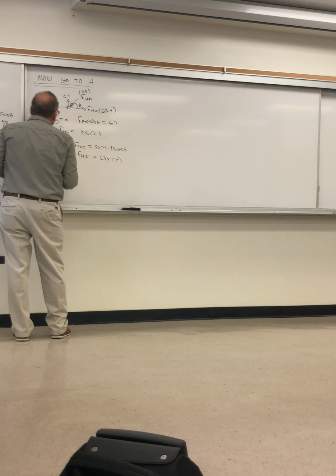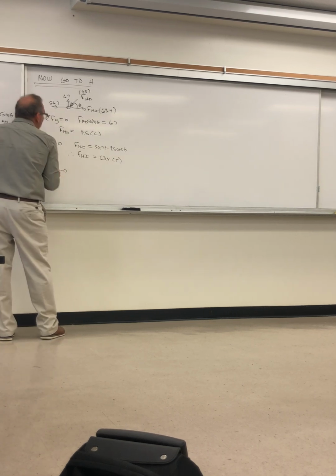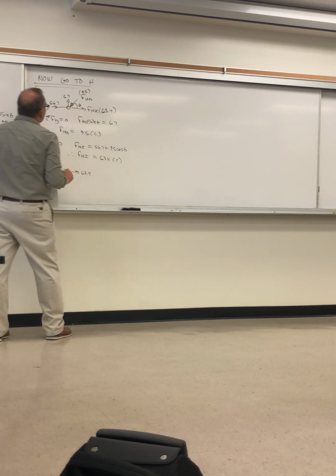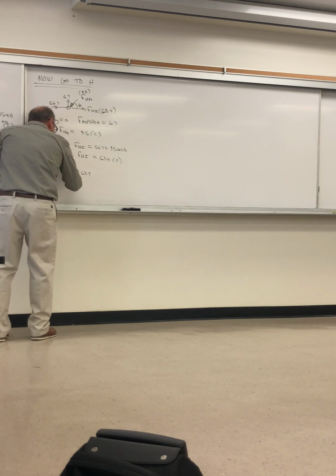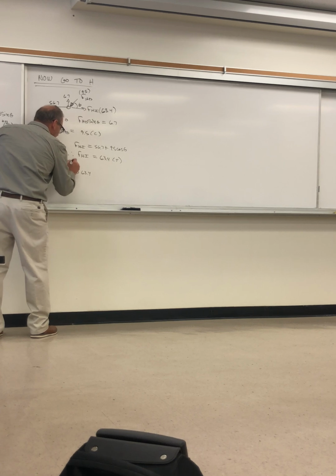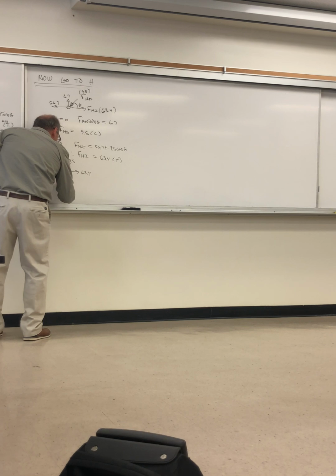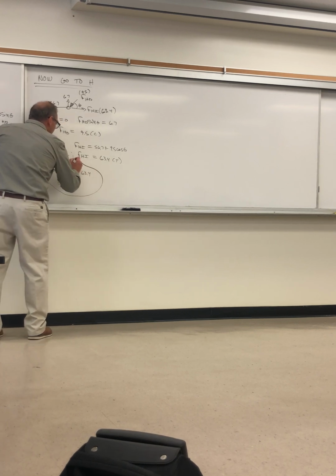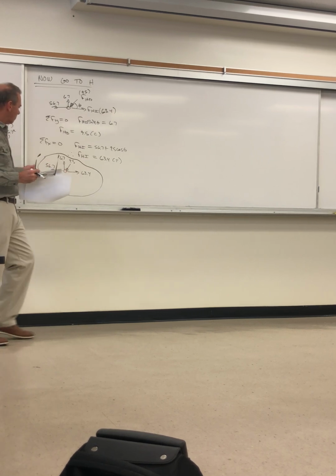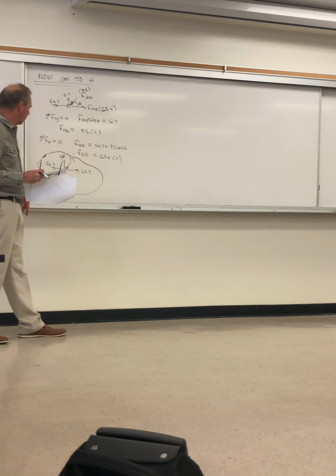Let's redraw it here. 56.7 to the left, 63.4 to the right, 6.7 up, and this force down here at an angle of 9.5. Again, quick look at it, 56 plus about 5 or 6, so that's balanced by that to the right.